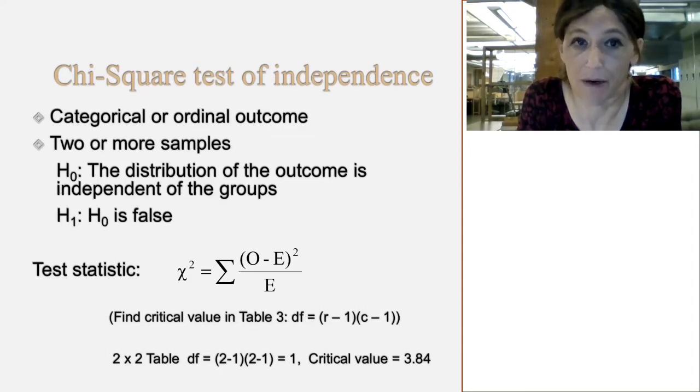The alternative hypothesis for a chi-square test is that there is a difference in the proportions in those cells in the group, that there is some dependence of the outcome based on the group you're in. So it's not exactly saying zero in the traditional sense, but it is saying no association.